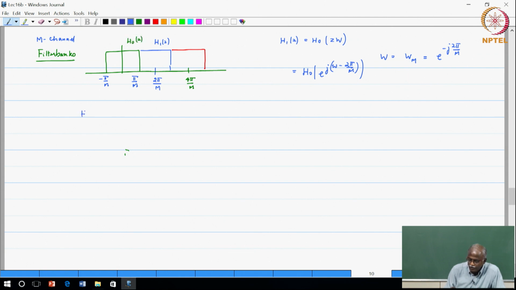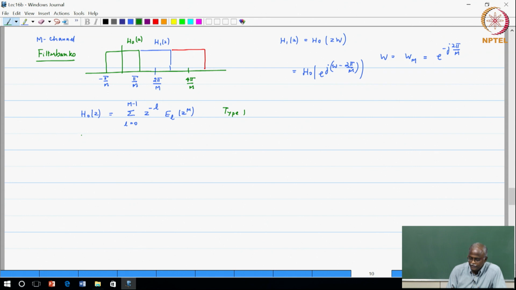So, H0 of Z, if I were to write it as a polyphase decomposition, type 1 polyphase decomposition, can be written as summation L equal to 0 to M minus 1 of Z power minus L E_L of Z^M. This is type 1 polyphase decomposition. We are now quite familiar with this. We are just going to look at this expression.